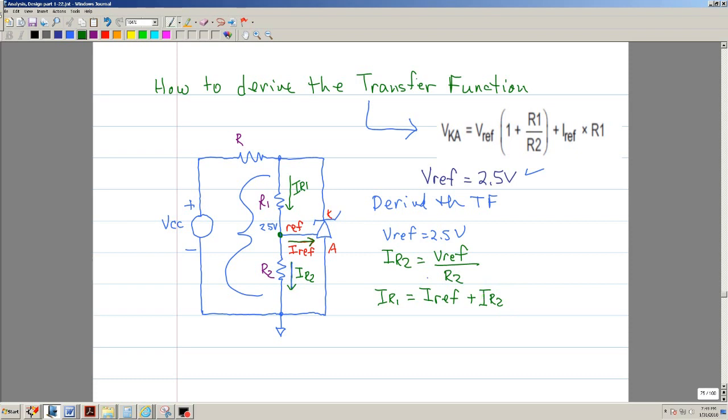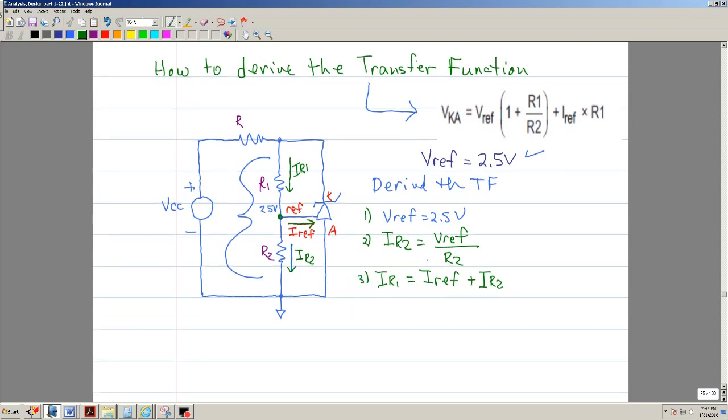Okay, so now we have one equation, two equations, three equations. Okay, so what I'm interested in is I want a Vout here, and we can say that this is going to be Vout.